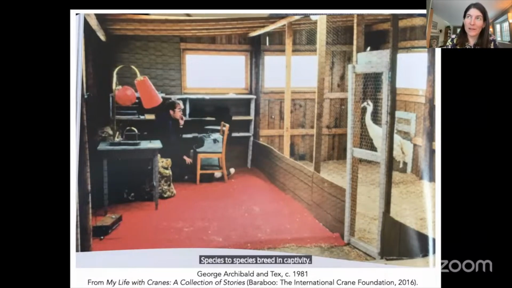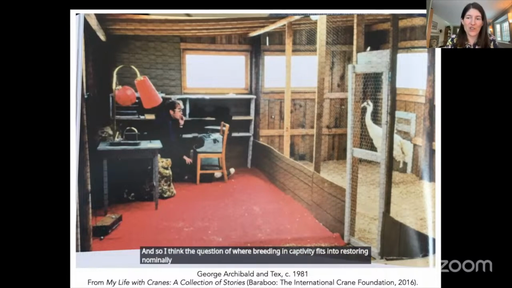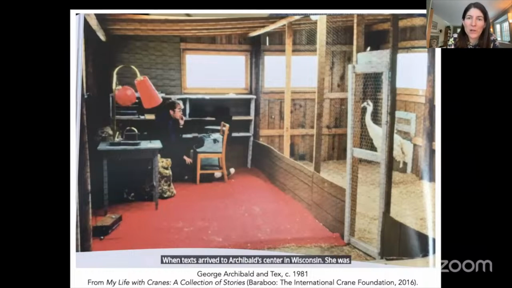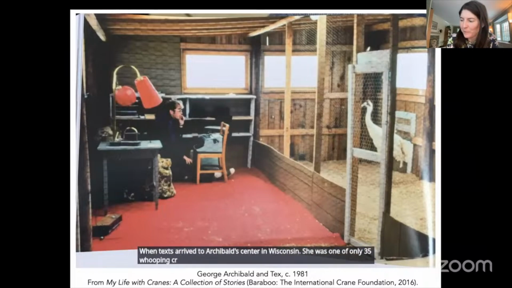And so I think the question of where breeding in captivity fits into restoring nominally wild species is a very interesting one, because breeding in captivity is such a domestic practice. When Tex arrived at Archibald's center in Wisconsin, she was one of only 35 whooping cranes left in the world.